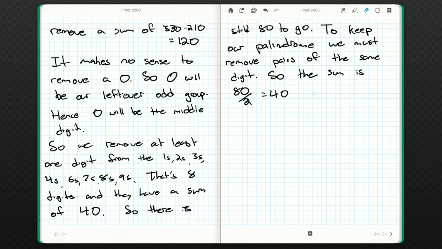So if we want to make 80 and we're doing it in pairs, then each pair name, so if we're removing 2 9s, we would say 9, and we need to add up to 40.